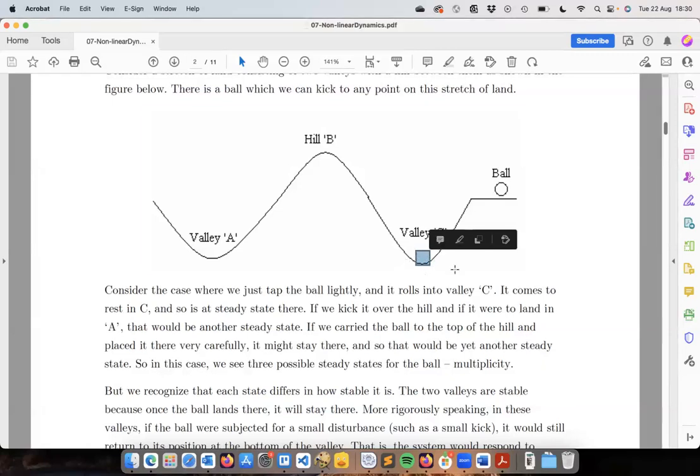So that is what we call a stable steady state, or if you like, a locally stable steady state. And we'll come back to why I'm saying locally just now.